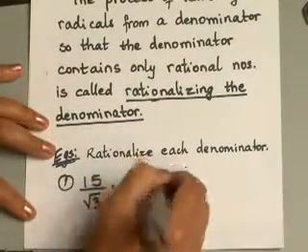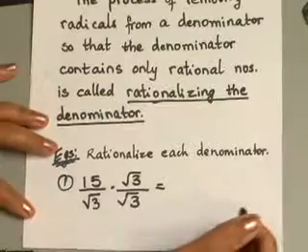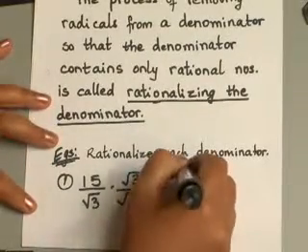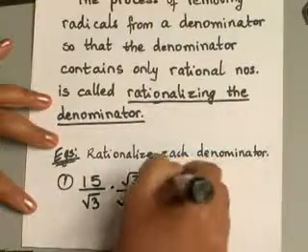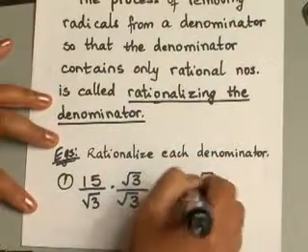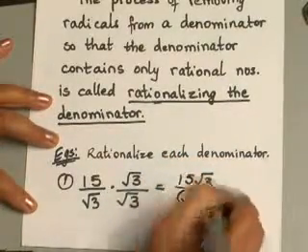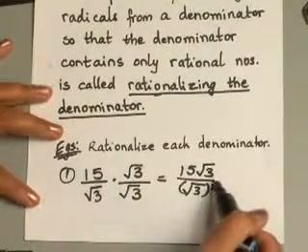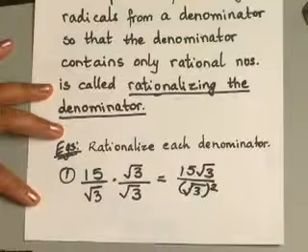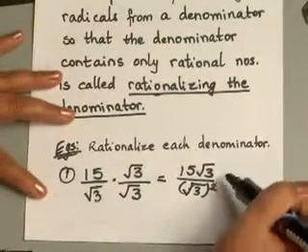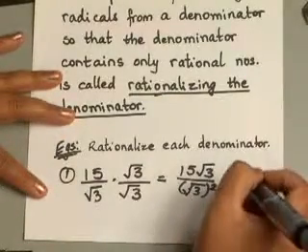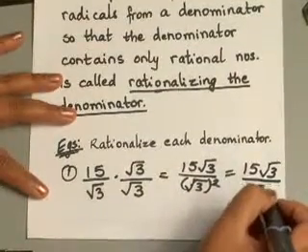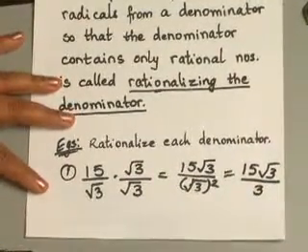And when you solve this, you will end up with 15 times square root of 3, and on the denominator you end up with square root of 3 squared, right? Just multiply across, and then your square cancels out your square root, and you will be left with 15 times square root of 3, and the whole thing divided by 3.